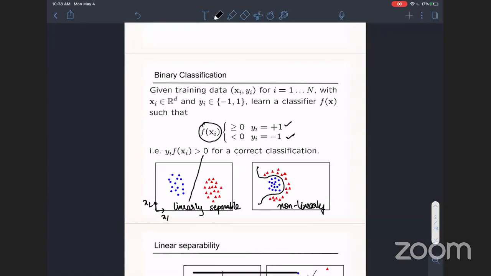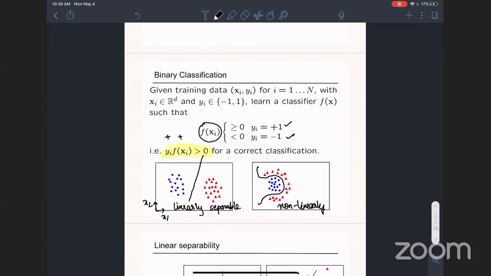So a way to write this in a compact notation is like this, right? If you take the product of the true label in your training data set and the evaluation of that function, if the signs are the same, that means you correctly classified it. If you evaluate it to be positive class, and your label is also positive, that means you correctly classified it.